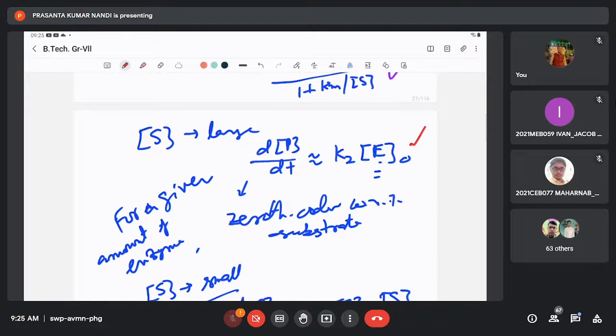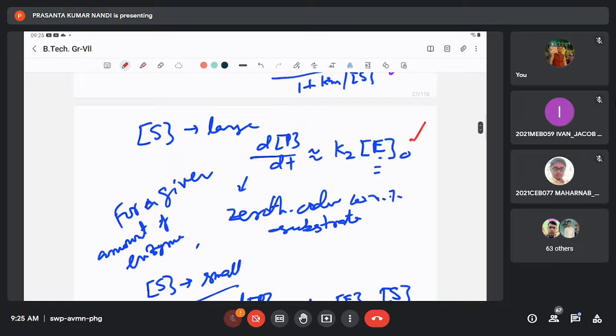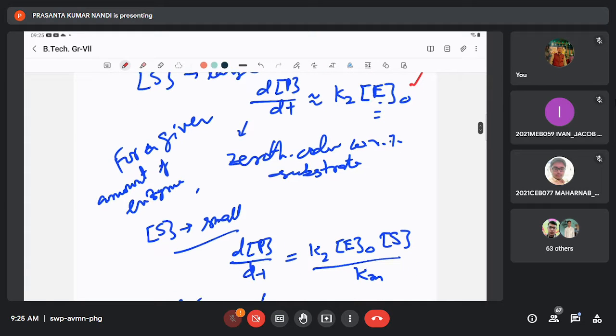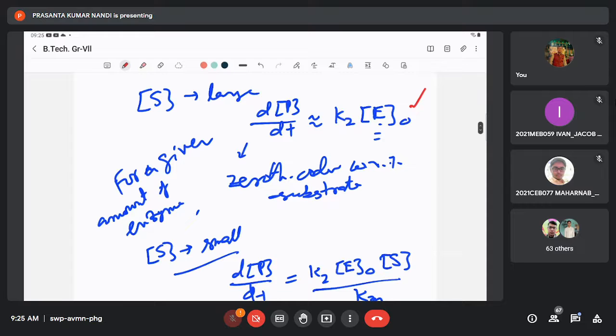Now, if you take the substrate concentration to a small extent, then what would happen? If you take substrate concentration small, then we can write this rate equation.